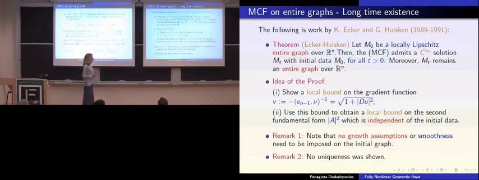So once you localize the gradient function, then you use it appropriately to prove a bound on the second fundamental form, which is again local, and independent of the initial data. This is done with the maximum principle on the right quantity. The trick here is always to find the right quantity. So you multiply the second fundamental form by a function phi of v squared, where v is the gradient function, multiplied by some cutoff function.